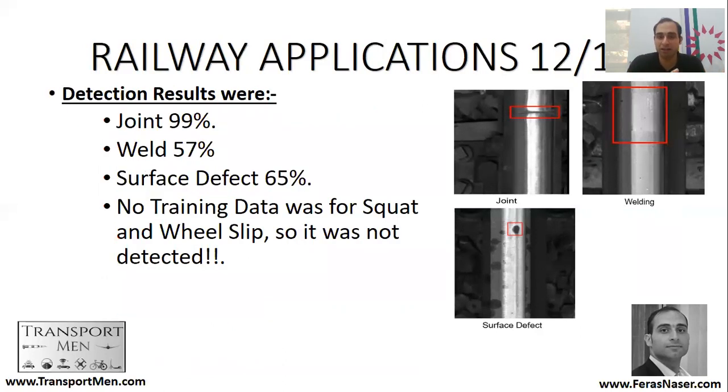They had great results in detecting joints, having 57% success in detecting welds, and 65% in surface defects, so detecting other types of defects. And they had no training data for squats and wheel slip. So I don't think this is acceptable in a railway context, but it's a good result that a computer vision model is able to do that.